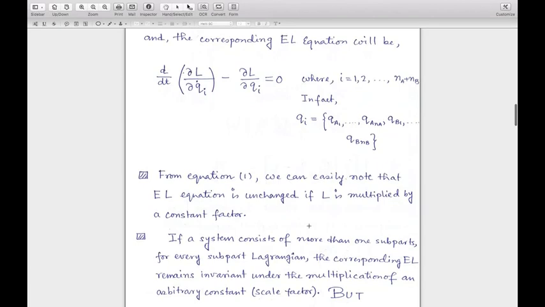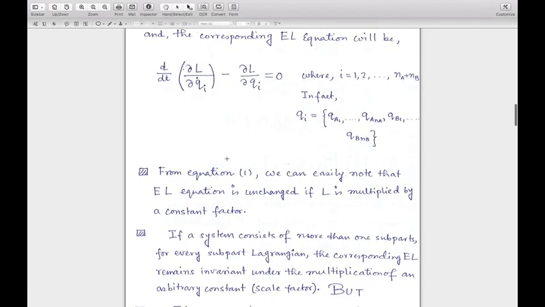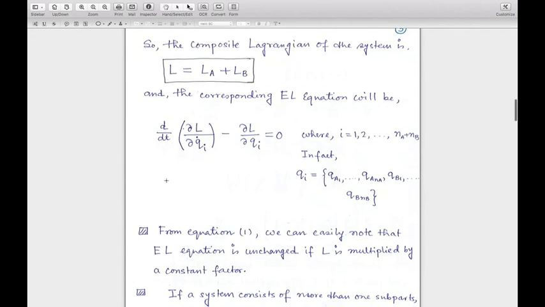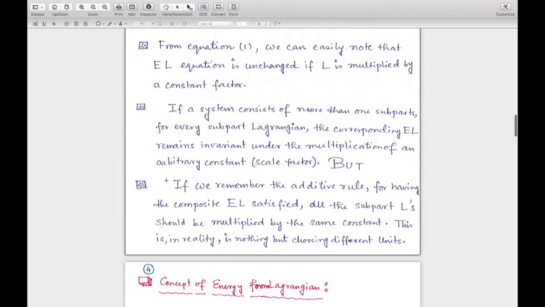They all have to be the same, or at least all of them should be multiplied by, so if LA is multiplied by alpha, LB should also be multiplied by alpha, so that here we will simply have a global multiplication of L with alpha. And this is also possible, that is no problem over there. If we have a global multiplication factor, then we can define this multiplication as a different choice of unit system, and the problem is solved.